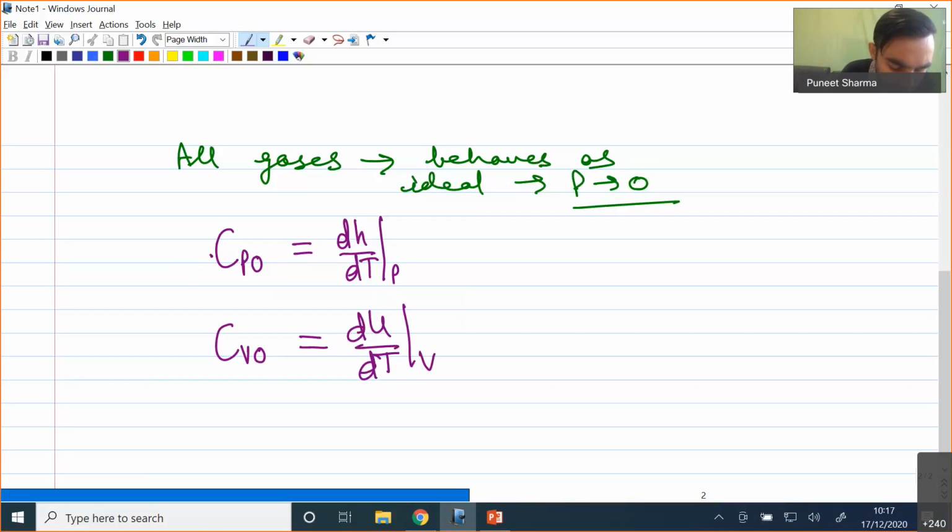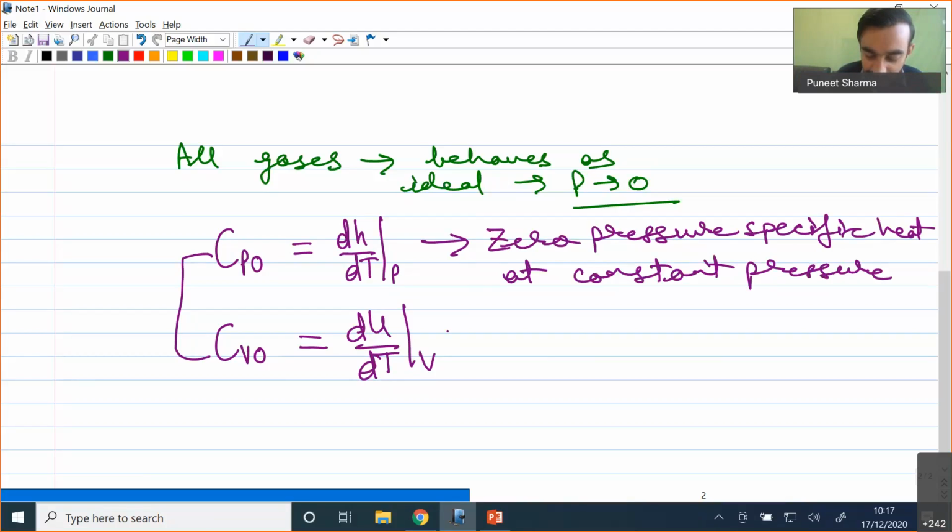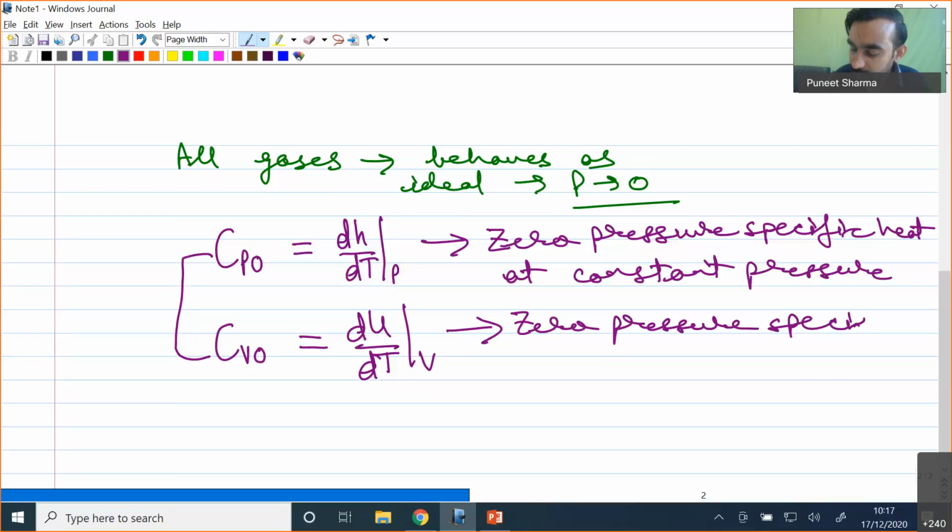Because of that, these are also called zero pressure specific heat at constant pressure, and similarly Cv naught is called zero pressure specific heat at constant volume.